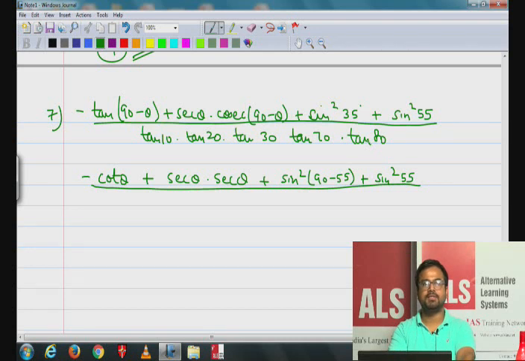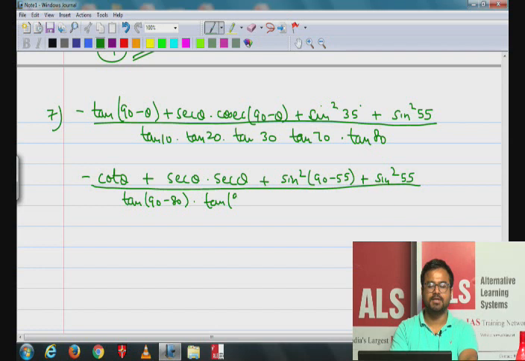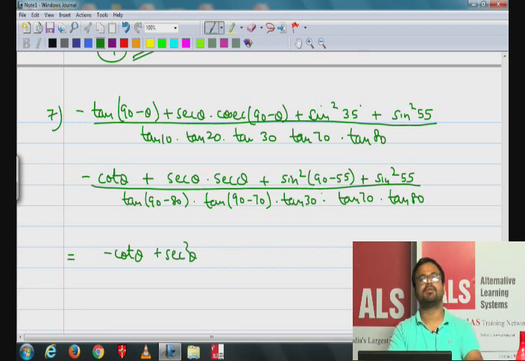Like 10 and 80 make a complementary pair, and 20 and 70 make a complementary pair. So tan of 10 degrees we can write as tan of 90 minus 80, and this can be written as tan of 90 minus 70. Then tan 30, tan 70 and tan 80. So sec square theta and sine square of 90 minus 55 will become cos square 55, and cos square 55 plus sine square 55 will be 1.